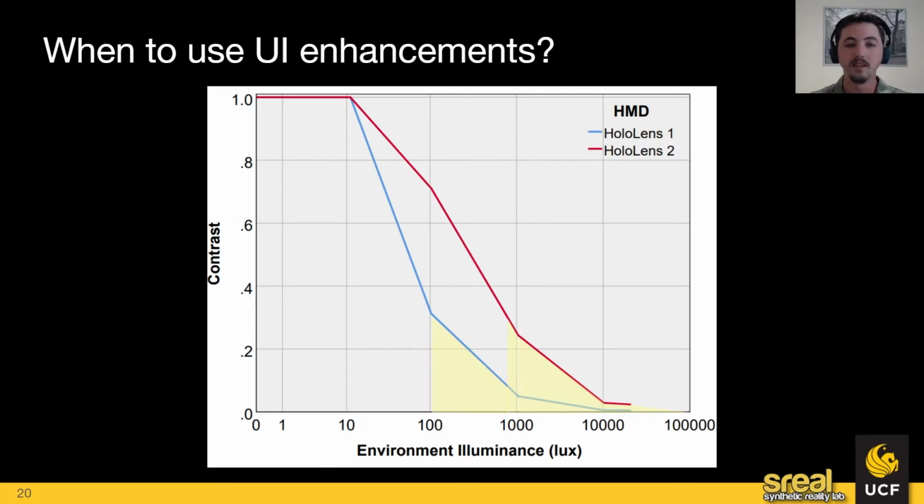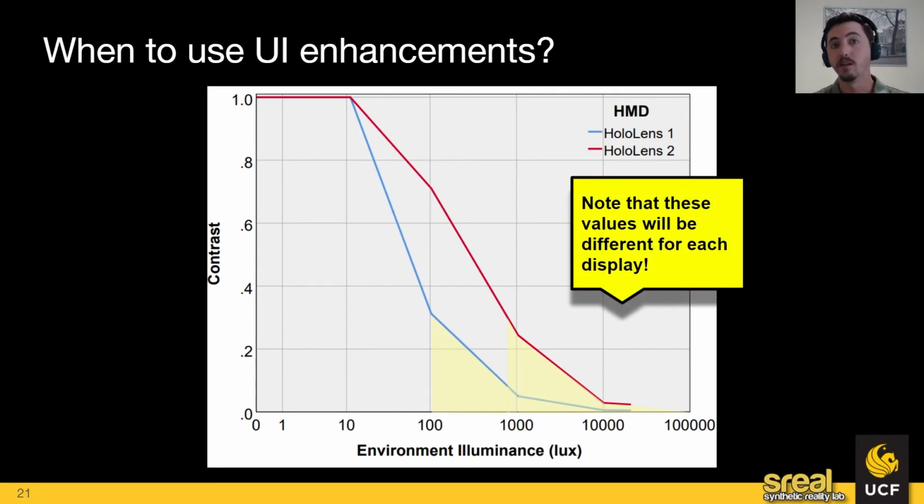What this means is that, from these guidelines, these two headsets are only usable up to those thresholds, and the area highlighted under the curves here is the range of illuminances for each of these devices where we need to start employing either adaptive UIs or contrast enhancing measures to be able to better present that information to the user.